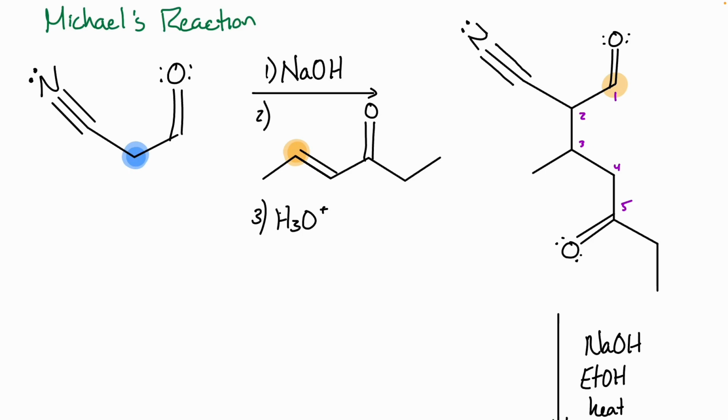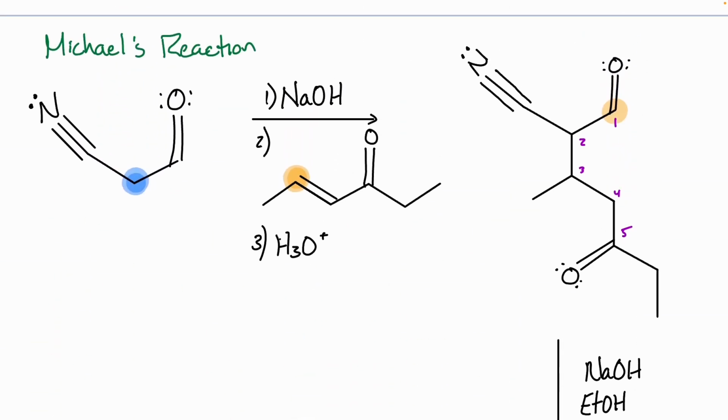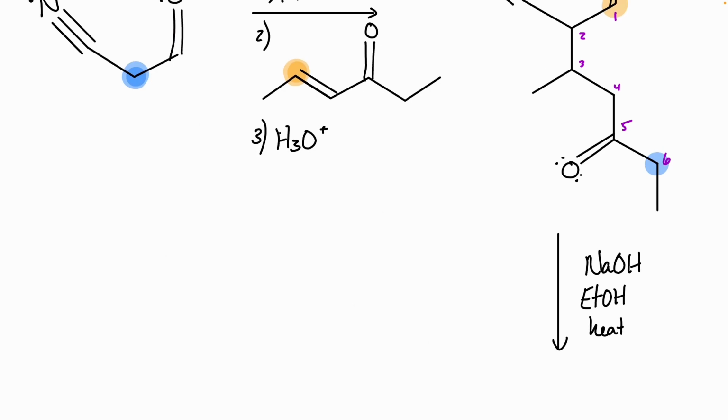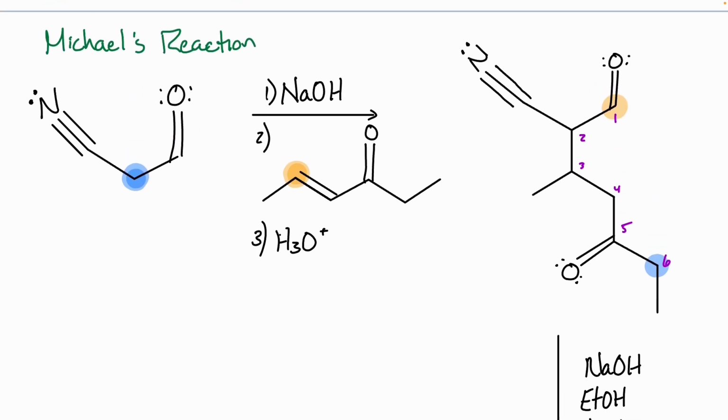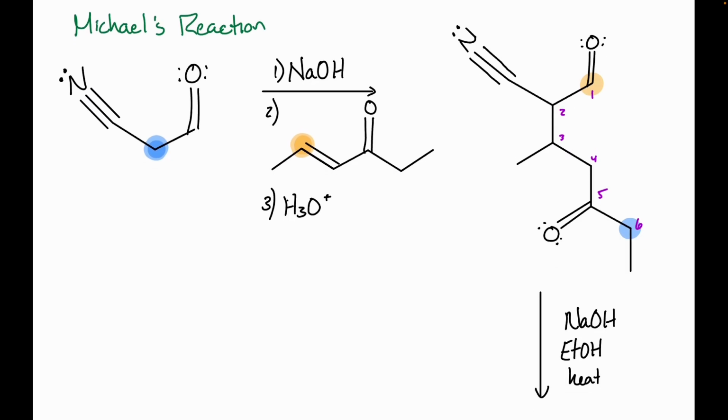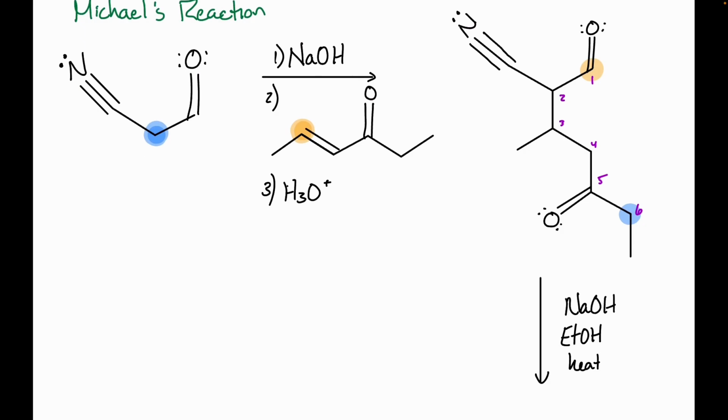So check, check. That's an important check for our Michael reactions. But if I keep going, it's 6 carbons away from a nucleophilic alpha carbon. Okay, so now I can have this internal aldol addition / condensation reaction.